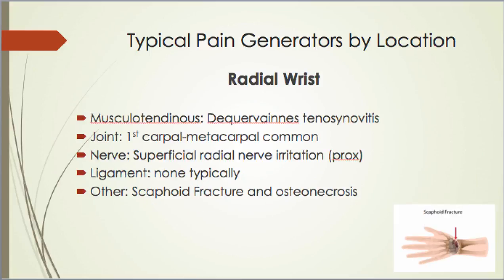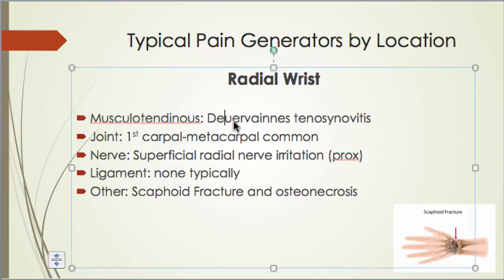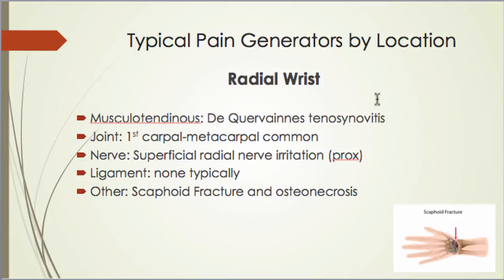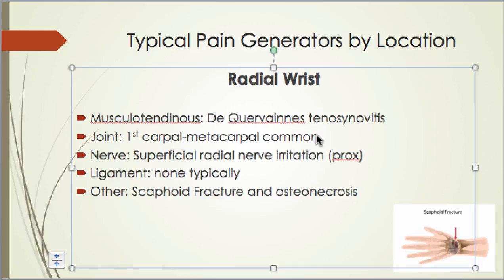On the radial side of the wrist, we have de Quervain's tenosynovitis. Synovitis means that the synovial sheath around the thumb extensor is what's giving them trouble. Also, the first carpometacarpal joint at the base of the thumb is the primary site of osteoarthritis of the wrist.